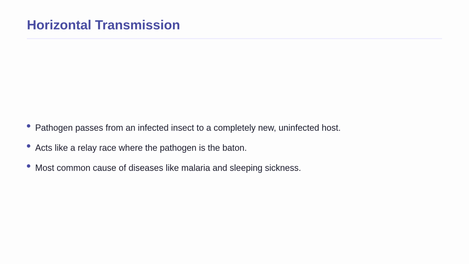It is the process where an infected insect passes a pathogen to a completely new, uninfected host, such as a human or an animal. The insect acts as the runner, and the pathogen is the baton being passed along. This is the primary engine that drives massive epidemics across the globe.